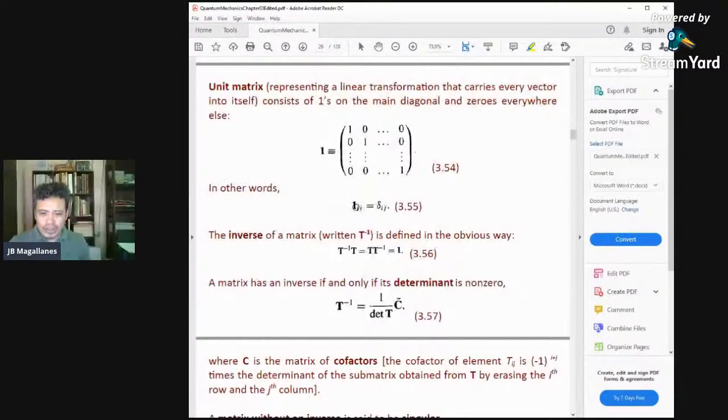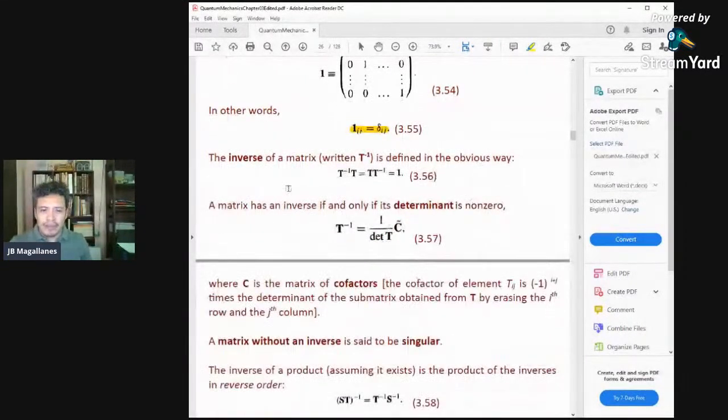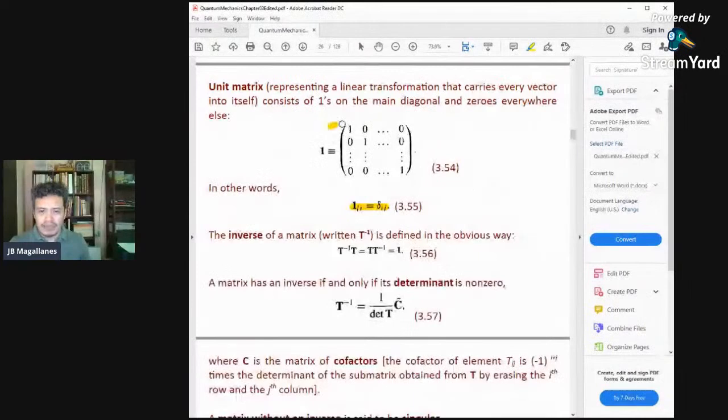This one can also be written as this, and because of the existence of this identity matrix, you can now find an inverse of the matrix, so that when you multiply the inverse of a matrix to the original matrix, that will give you an identity matrix. And by the way, not all matrices have inverses.